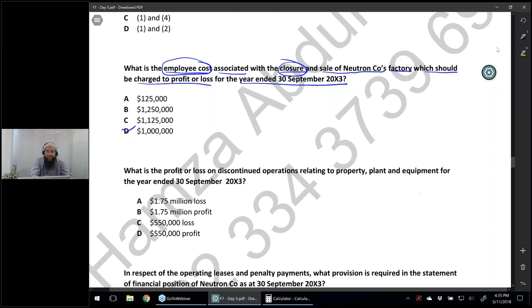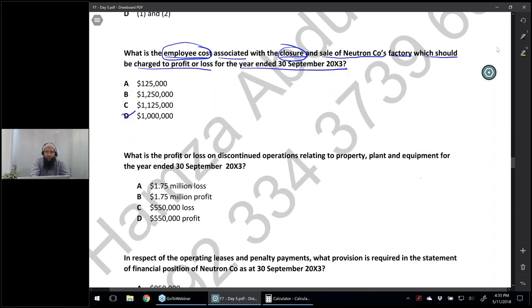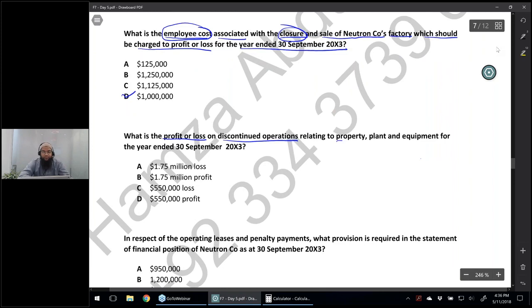Now let's read the next question: what is the profit or loss on discontinued operations relating to property, plant and equipment for the year ended 30th September 2023? What is the profit or loss on the discontinued operations relating to property, plant, equipment? So let's go back and see the case.